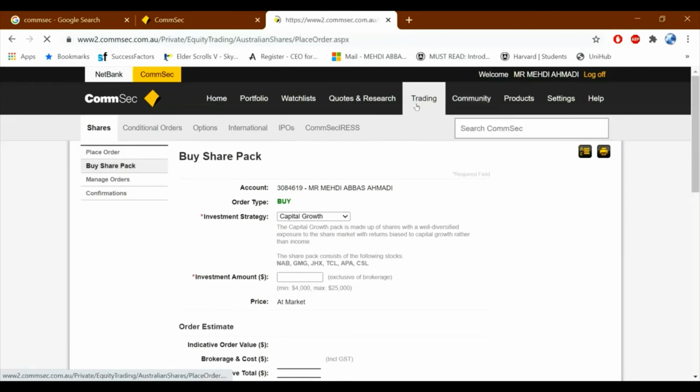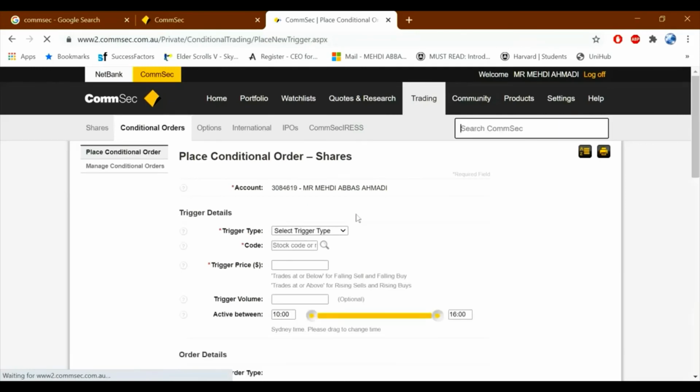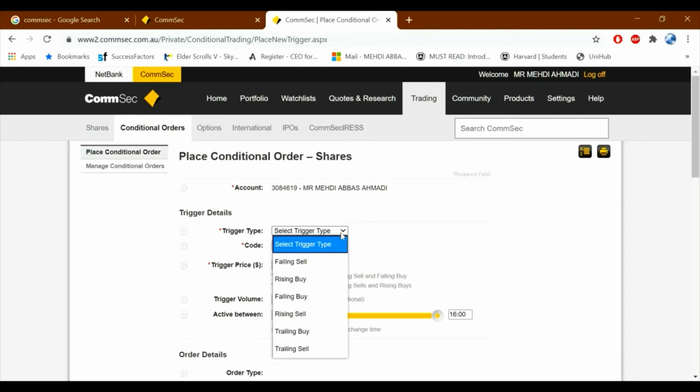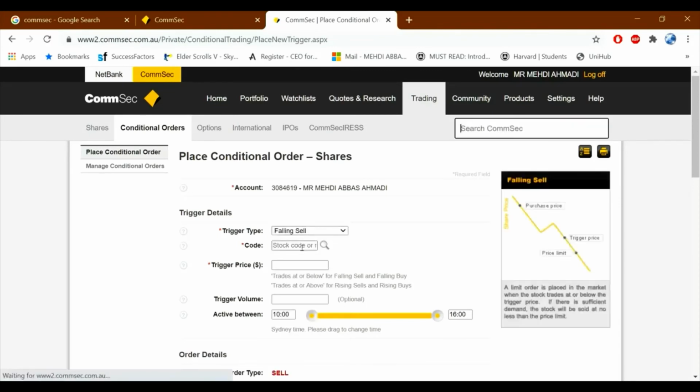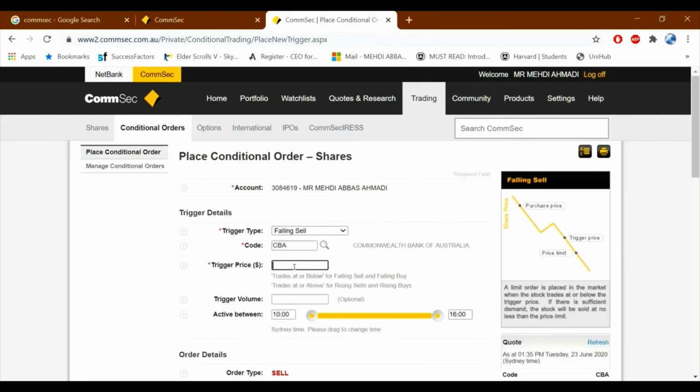Under trading, there is also a conditional order. A conditional order is for when you've bought a stock like Commonwealth, but the price is going down and you're not sure how low it will go. Let's say the trigger price is $67. Once it hits $67, it will start selling your stock.